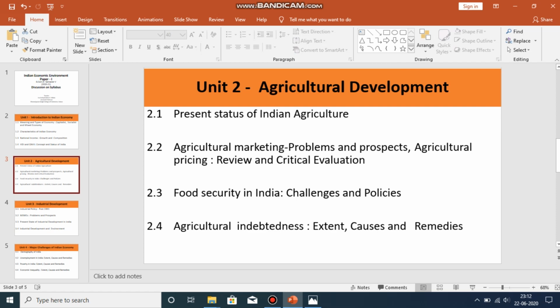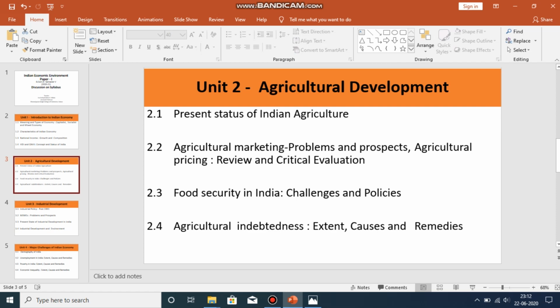Therefore, the increasing and declining supply will fluctuate the prices of agricultural commodities, and these fluctuating prices will not give a permanent, regular income to the farmers or the producers. So the government tries to maintain stability in the prices of agricultural commodities.